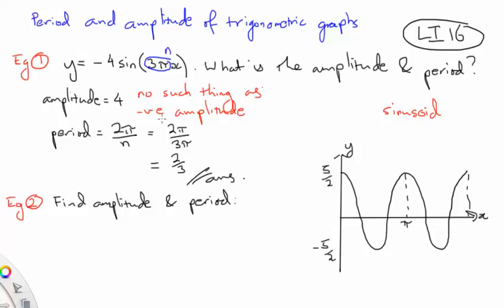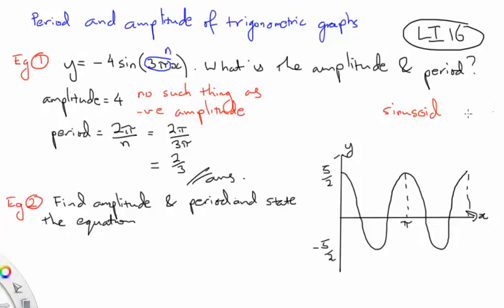Alright, and I'll say find the amplitude and period and state the equation. Well, that's a cosine because it starts here. It's got that bucket shape.